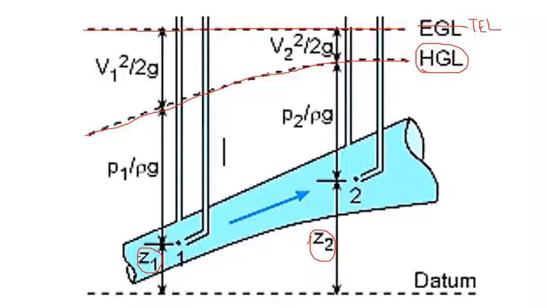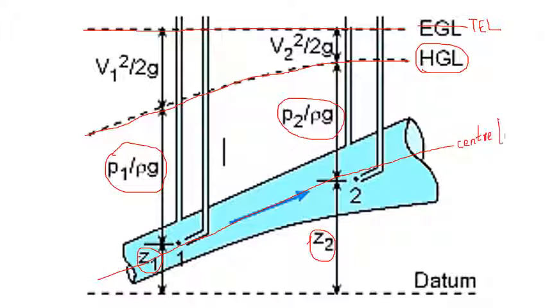Then there is a pressure head at the two points. So the pressure head is marked above the center line of the pipe. The center line of the pipe is here. The pressure head marked above the center line and joined together will give you the hydraulic gradient line, and the sum of pressure head and kinetic head marked above the center line of the pipe will give you the total energy line.